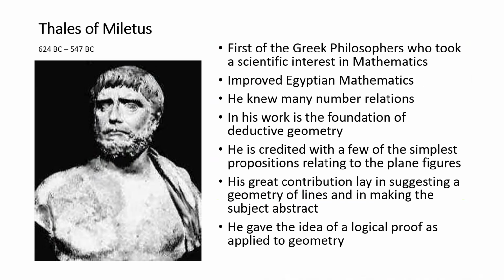He improved Egyptian mathematics. He knew of relations with numbers, what we might call number theory. In his work are the foundations of deductive geometry. He's credited with a few of the simplest propositions relating to plane figures. He created the first elements.